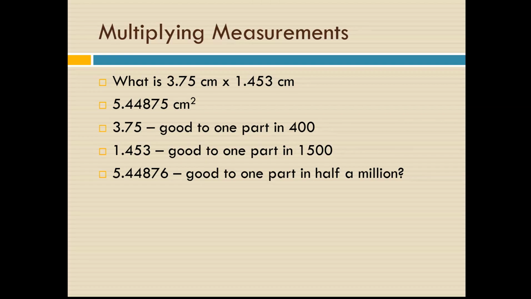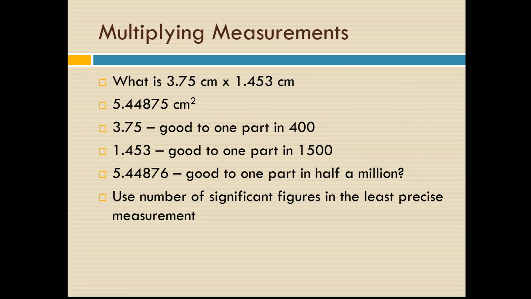Okay, so what do we do? For my answer to be close to the uncertainty of the least precise measurement, which happens to be the first one, the rule of thumb is to use the number of significant figures in the least precise measurement. So the first number is only good to 3 significant figures, and we're going to use that, so it becomes 5.45 square centimeters.